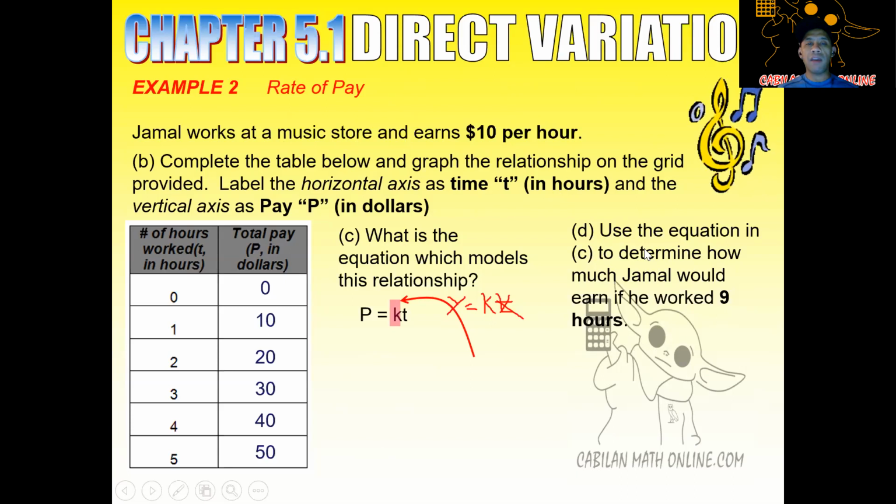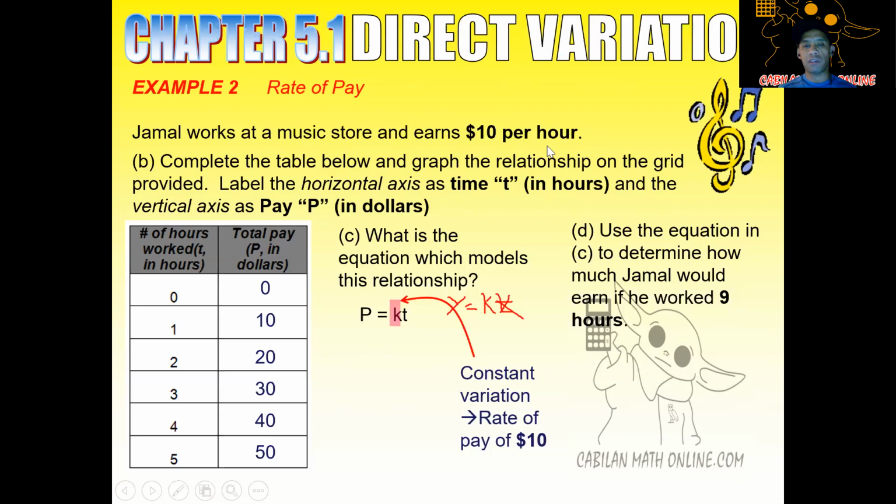Remember, K, which is a constant of variation, is also known as the rate. The best way to find the rate, if it's given, is if you're given something per something else. If you read the question again, there's a $10 per hour.